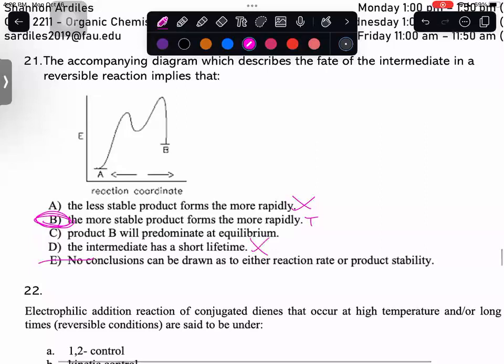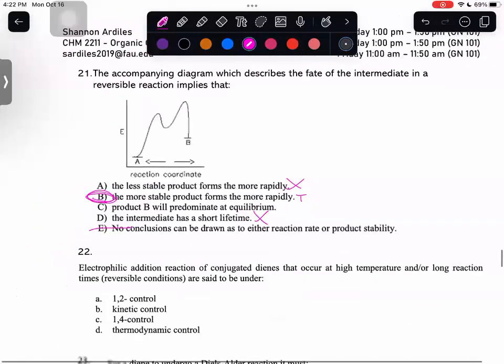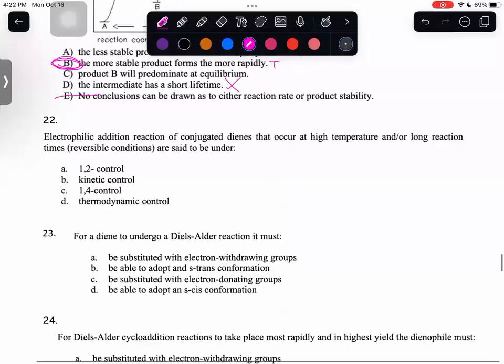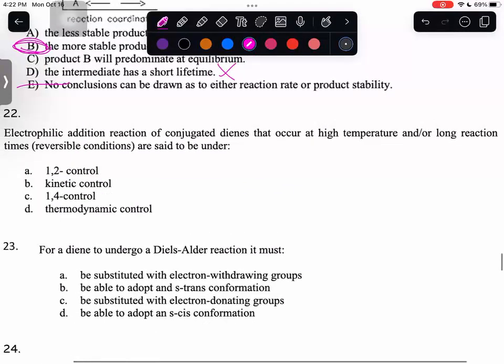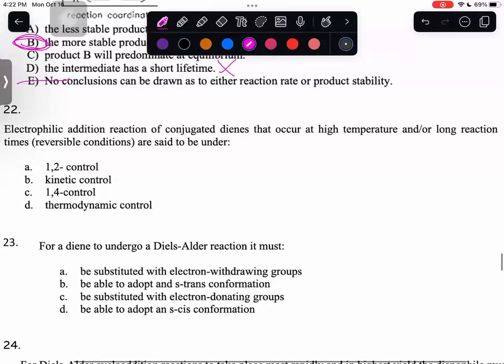Then you can't tell anything about the actual intermediate. Okay, let's look at questions 22 and 23. They are conceptual questions.